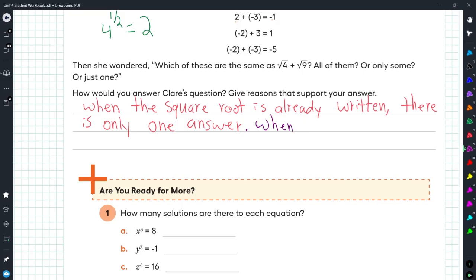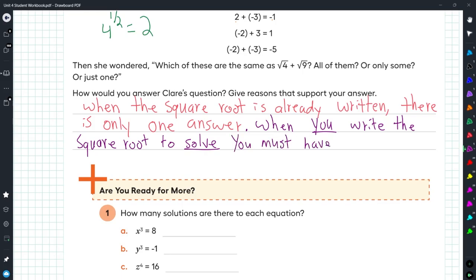When you write the square root symbol to solve, you must have plus or minus. I know we wrote this somewhere else in our workbook, but I wanted to have it here as well. Repetition will help you remember it more.